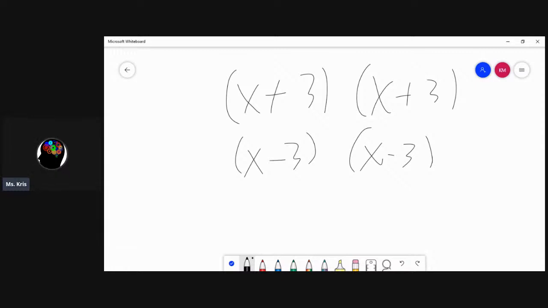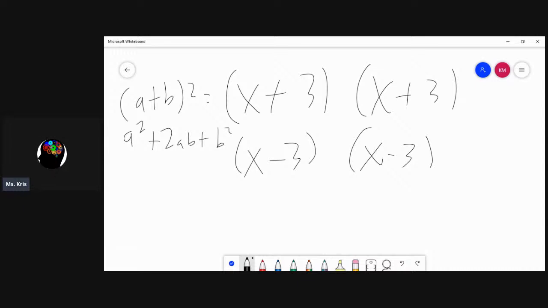What that means is if it is positive, (a plus b) squared, then a squared is added to 2 times a and b, which is added to b squared.